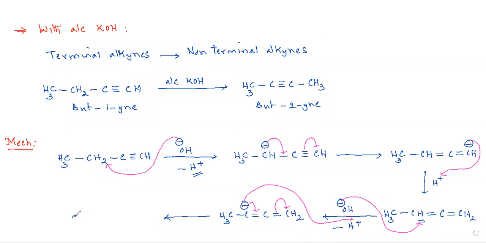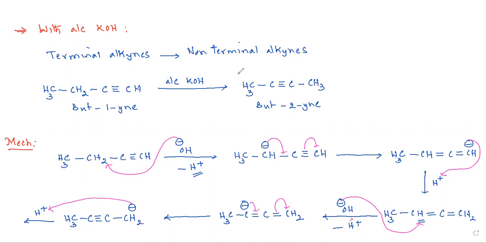Now then, CH3, this will be a triple bond, CH2. Oh, we have to actually go for one more step. Let me just do this. CH2, then minus here. Now we have to add the H plus. Correct.